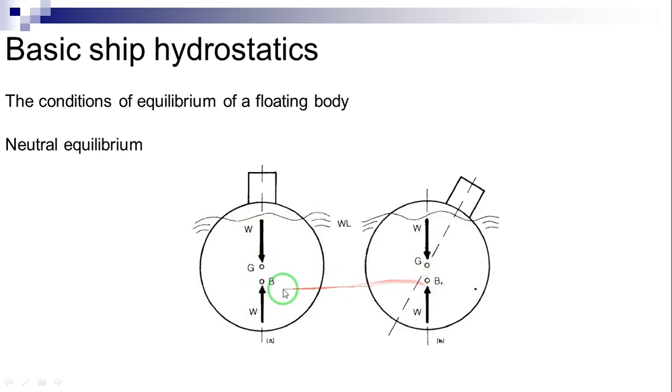When such an object is rotated to any angle, no moment is produced since the center of buoyancy is always directly below the center of gravity. It will remain at any angle it is placed. Note that it is worthy to mention a main difference between a submerged and floating body is exactly this.